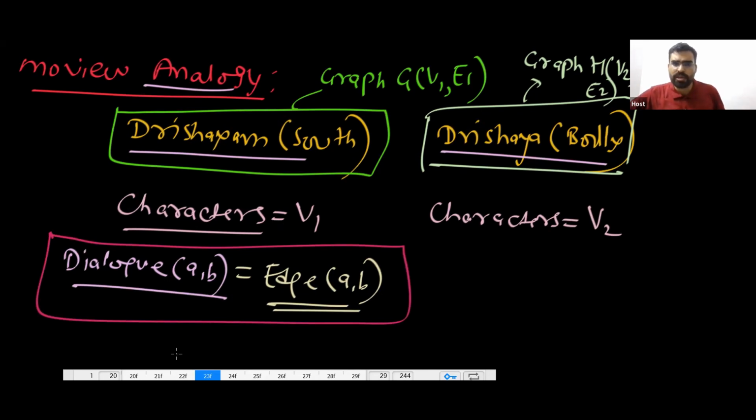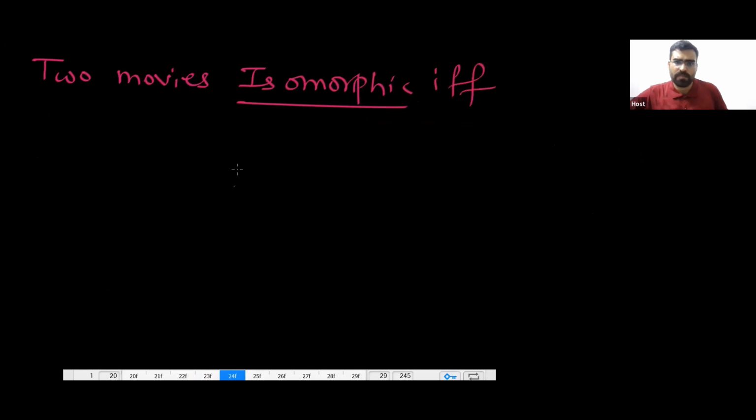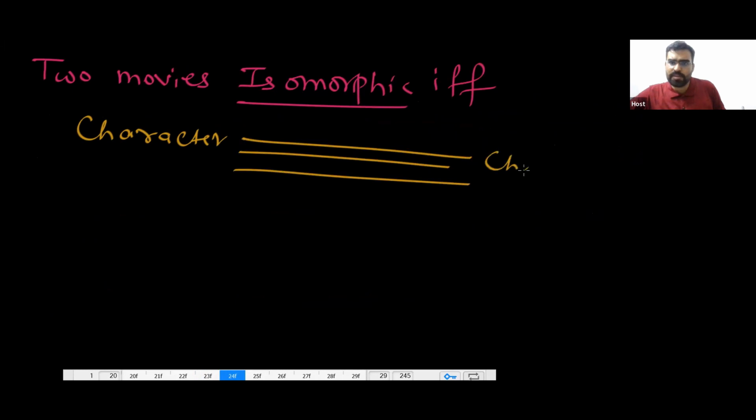In this movie analogy, when can I say that two movies are isomorphic? Tell me, when will you say two movies are isomorphic? If and only if there must exist a bijection between the characters.